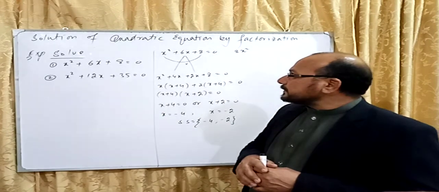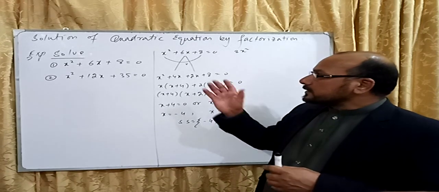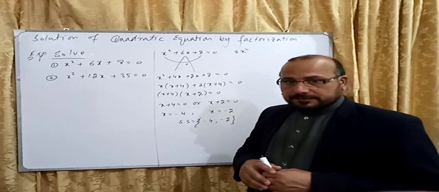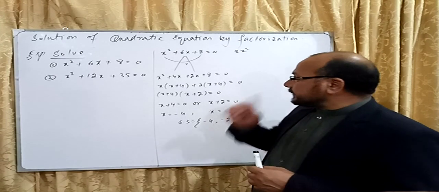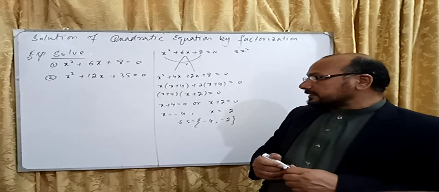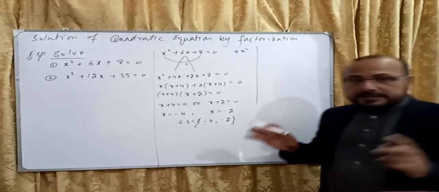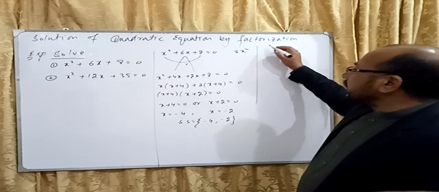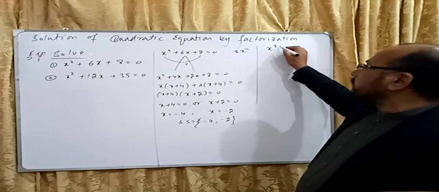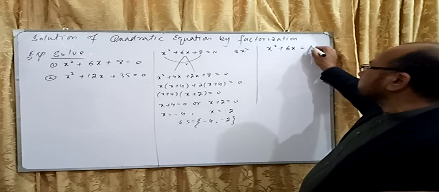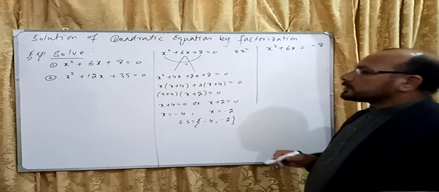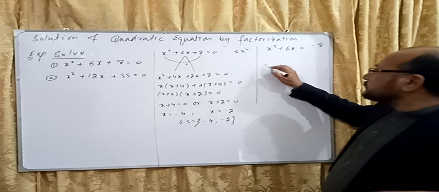But today, let me tell you about the solution of quadratic equation by factorization method in case we have a three terms expression. For a three terms expression, you need to understand that if you have the equation in the form of x square plus 6x equal to, suppose, minus 8, first you need to convert it into the standard form.